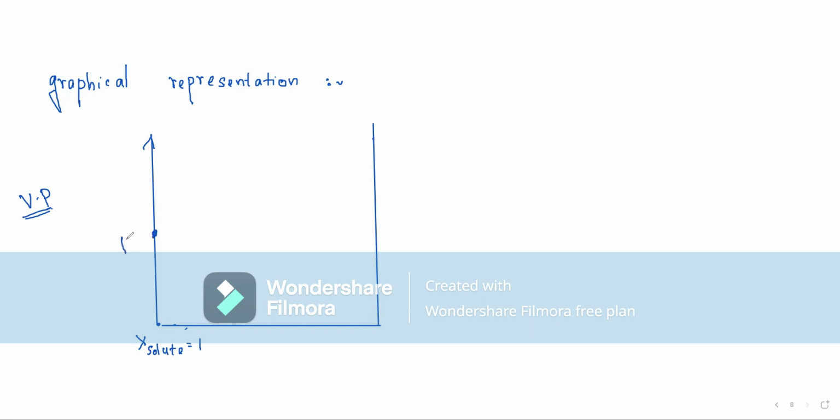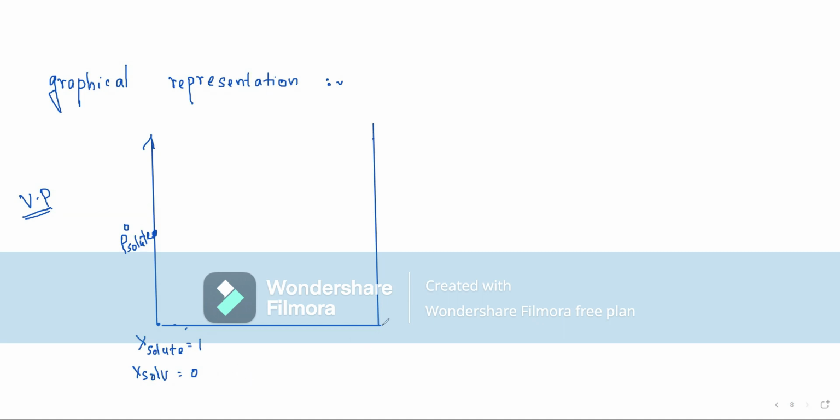This has to be definitely P naught of the solute, pure vapor pressure due to the solute. Similarly, when I write x of solute is equal to 1, x of solvent has to be 0, because together they make 1, right? X of solute plus x of solvent is 1.